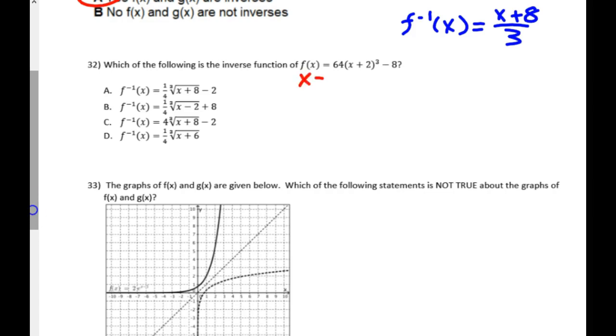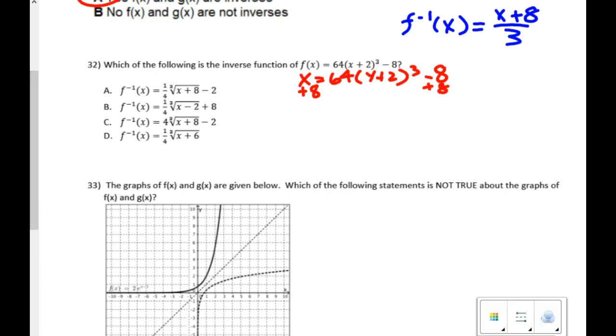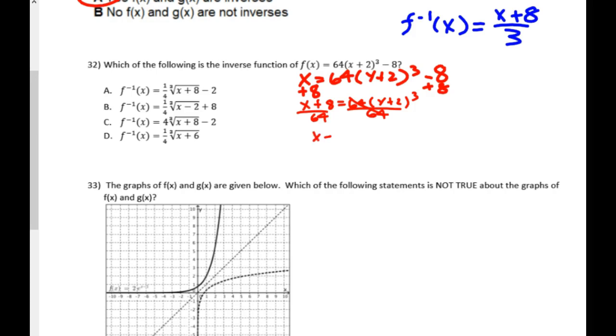So it's x equals 64(y plus 2) cubed minus 8. Add 8 to both sides. So x plus 8 equals 64(y plus 2) cubed. Get rid of that 64. Okay, to get rid of that cube, we're going to do a cube root.